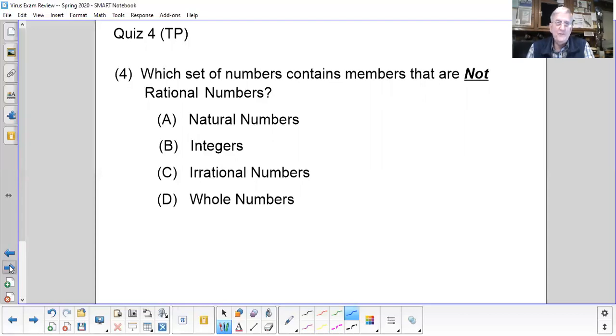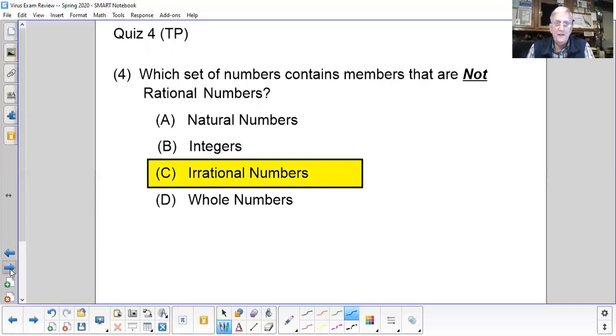The whole numbers, D there, are all rational numbers because you can place them over 1. But none of the irrational numbers are rational. So the set that is not containing rational numbers would be the irrational numbers.